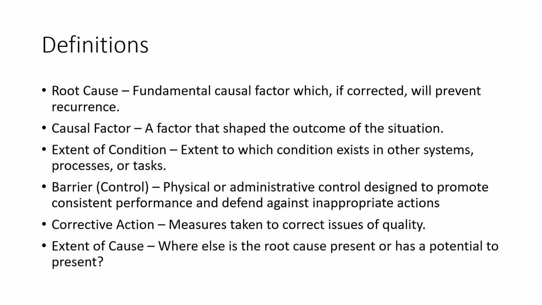Sometimes as you investigate a problem, you may be asked to perform what's called an extent of condition, where you're going to look at the entire organization or the entire system, and you're going to explore, hey, does this condition exist elsewhere? Barriers we've talked about, but it's a control to promote consistent performance and defend.